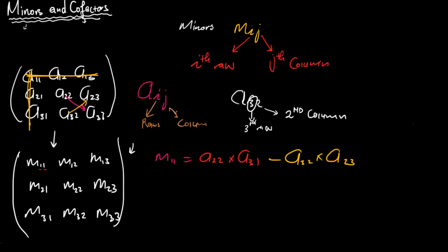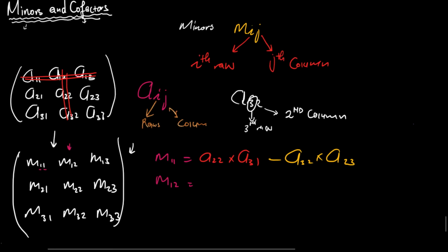Let's look at M12. For M12, we're going to delete the first row and the second column.